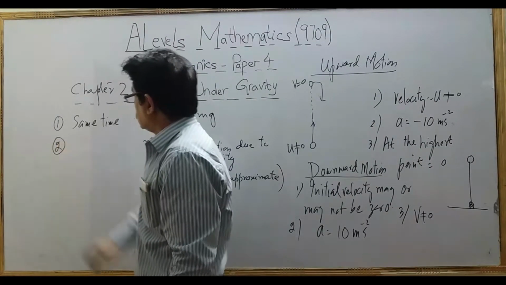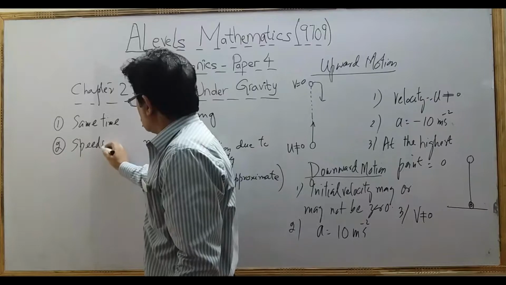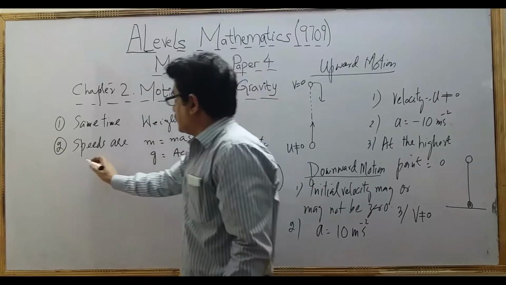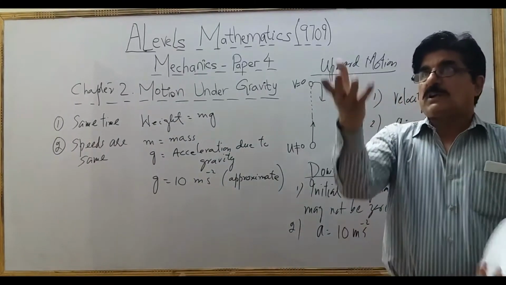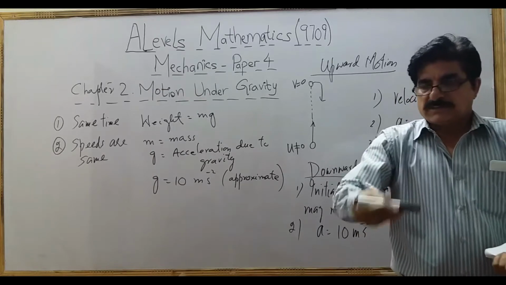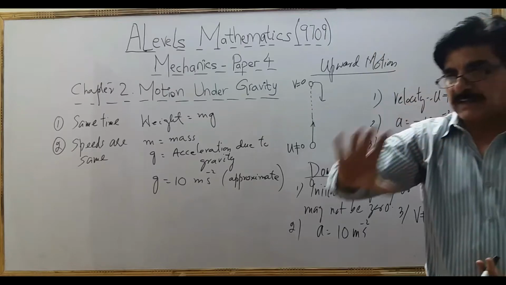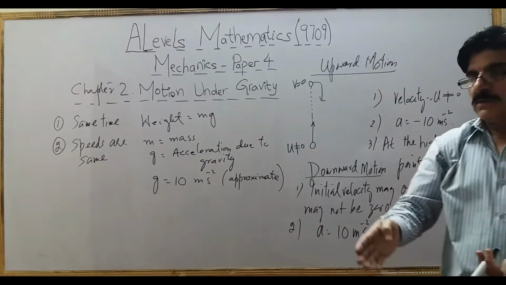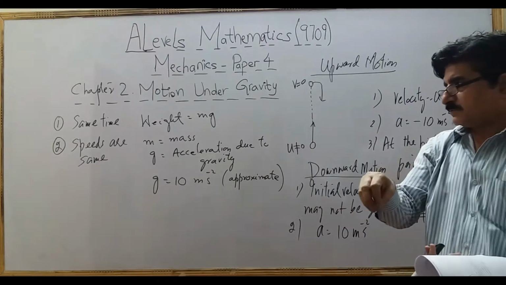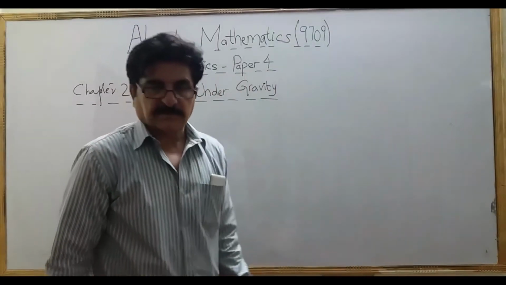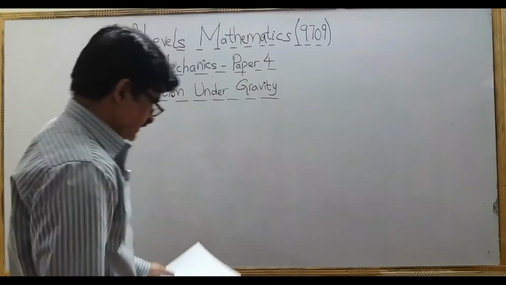Second point is that velocities are same, speeds or velocities. Velocities are same, which means the velocity with which a particle is thrown upward, and it is moving freely, air resistance is negligible, it comes down with the same velocity. These two points are very important, we have to remember. Okay, let's start examples and let's see how to apply these concepts in the examples.